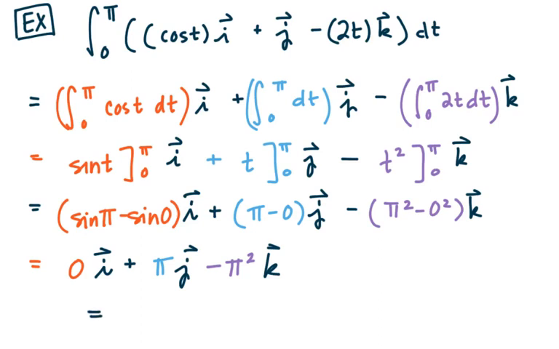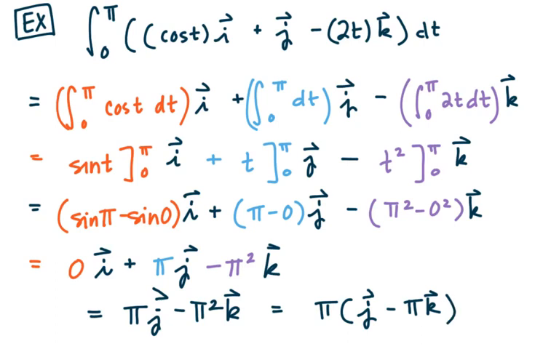This can be written more simply as just pi j minus pi squared k, or rather we could factor a pi out, because we're always looking to factor pi out. That would give us pi times j minus pi k. Either of those is okay. So this video, brief, but it concludes for us how to take the integral, definite or indefinite, of a vector.